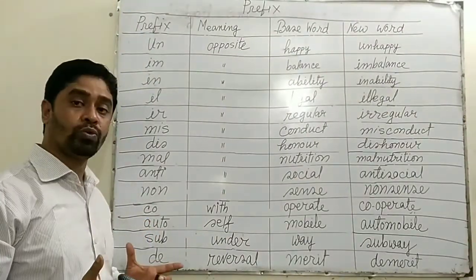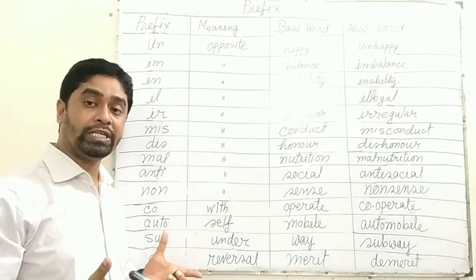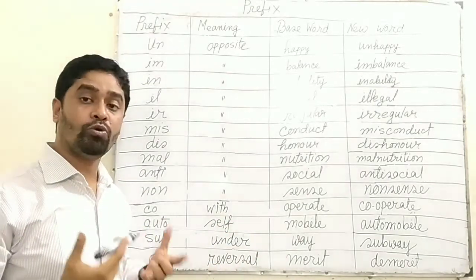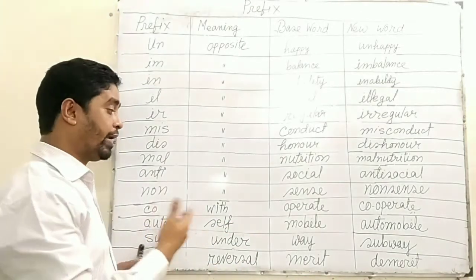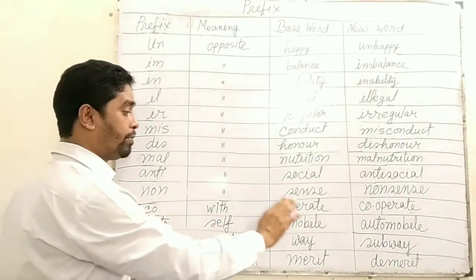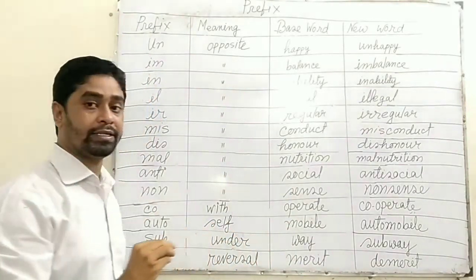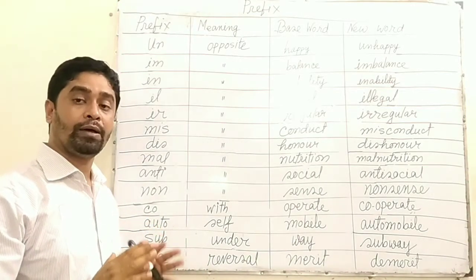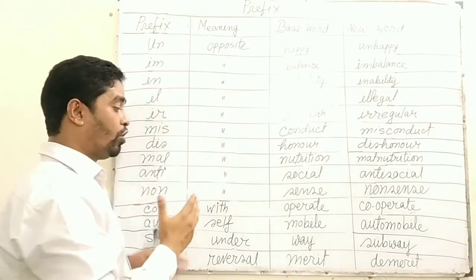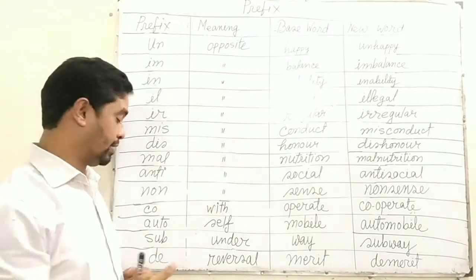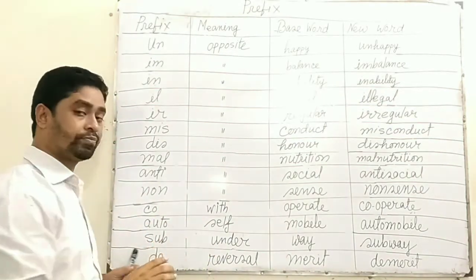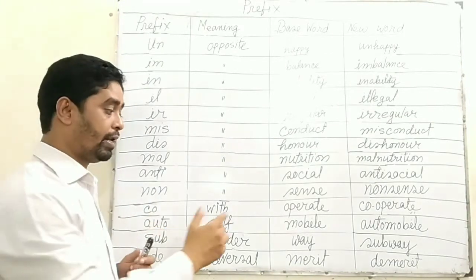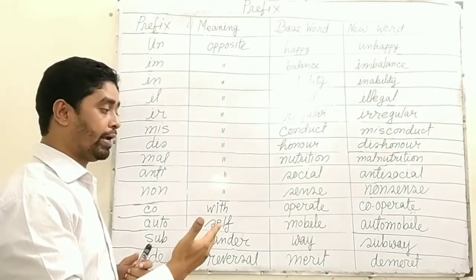Next, auto. It expresses self, like mobile. If we add auto before mobile, then it creates automobile. That is the self of mobile. Sub. It expresses under, like way.